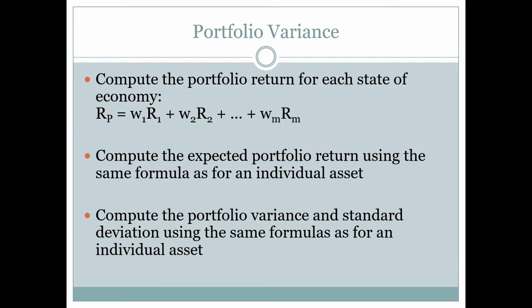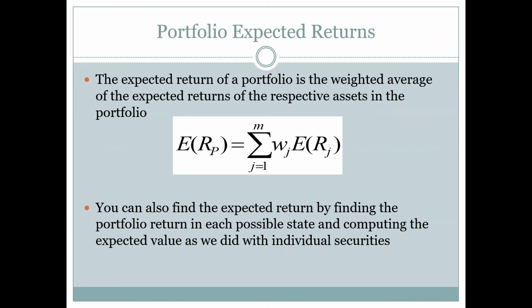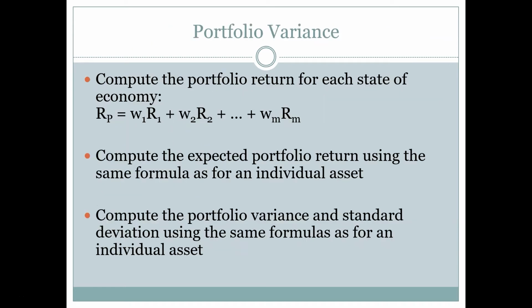And then we need to talk about the portfolio variance. And the portfolio variance can only be calculated in one way, which is exactly the same as I calculate the asset variance for any individual asset. In other words, I can use this weighted average trick to calculate the expected return. I cannot use a similar method to calculate the portfolio variance.